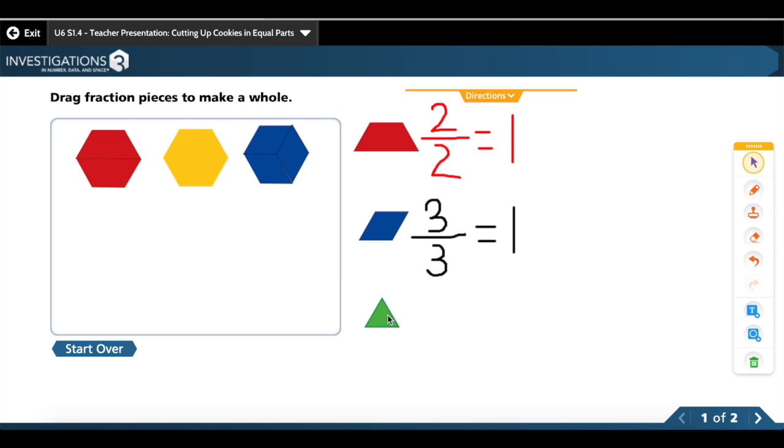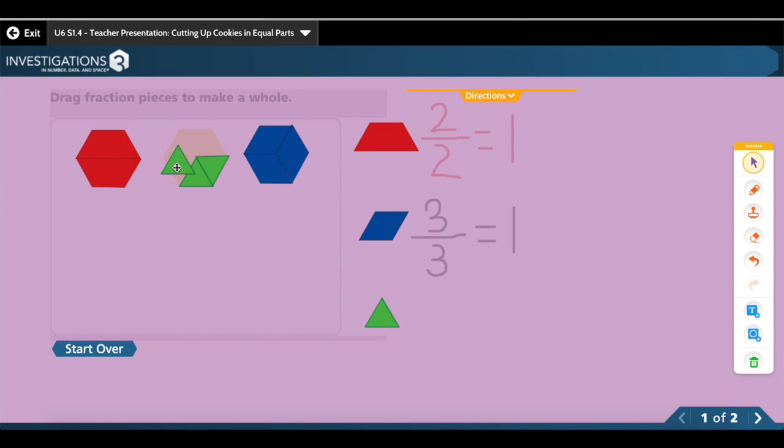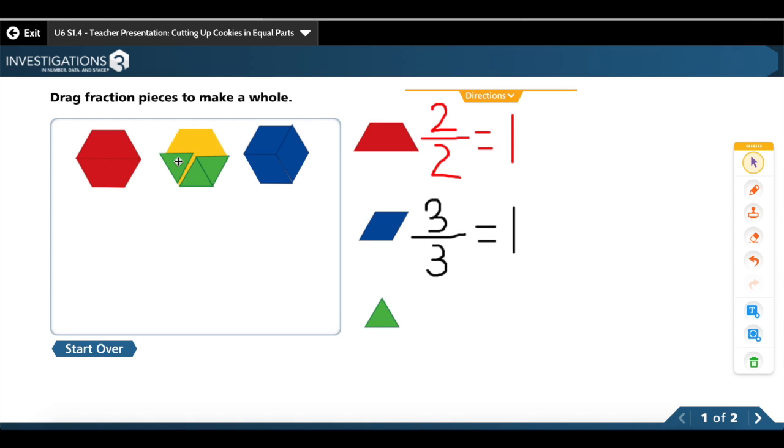Now I want you to think about how many triangles will it take. I have 1. This one's going to be a little bit trickier since I have to move them. 2, 3. So what's my fraction that's filled right now? Right now it's filled half.